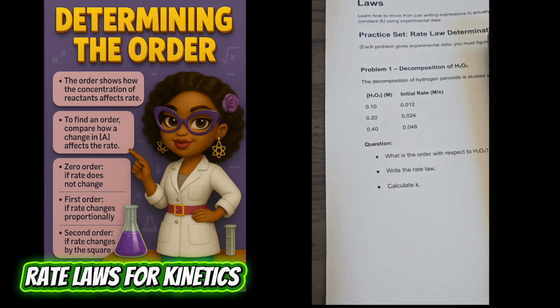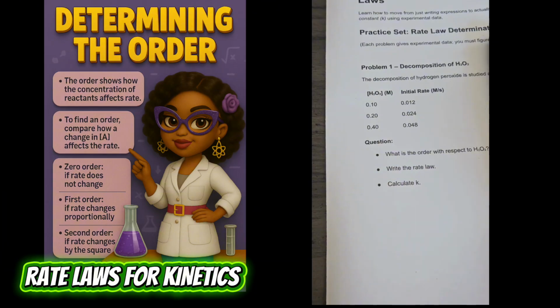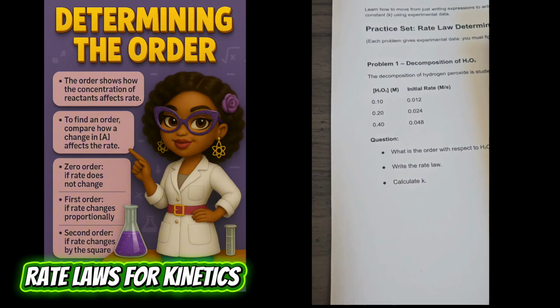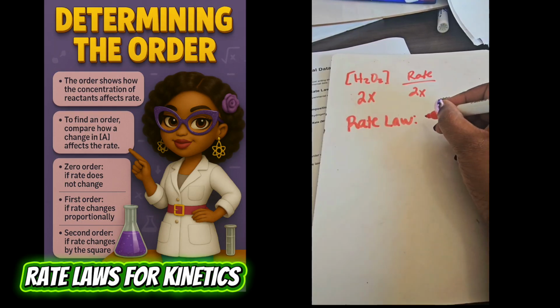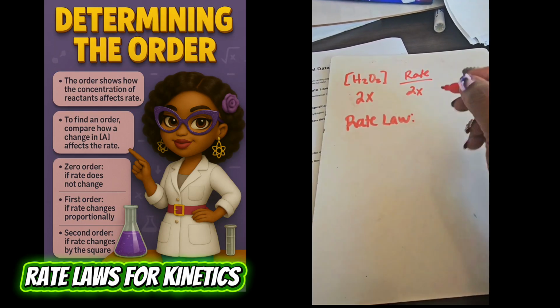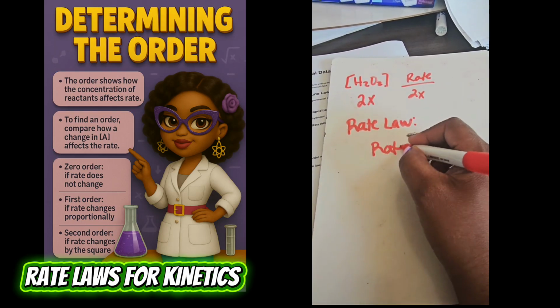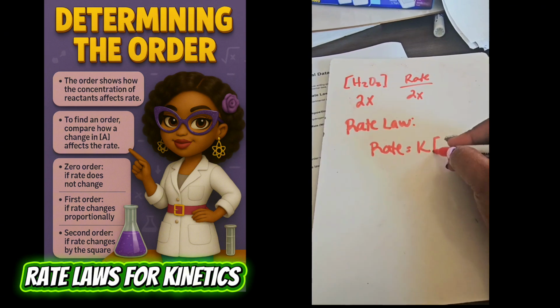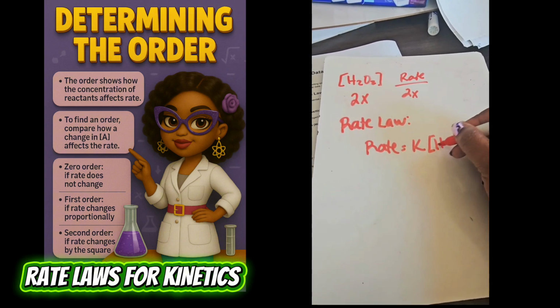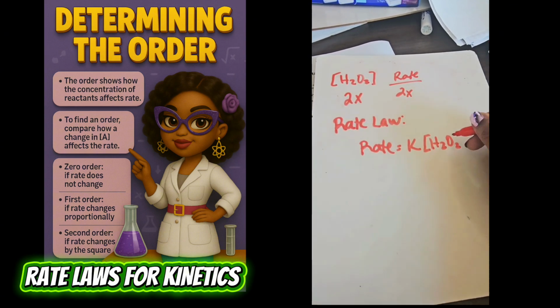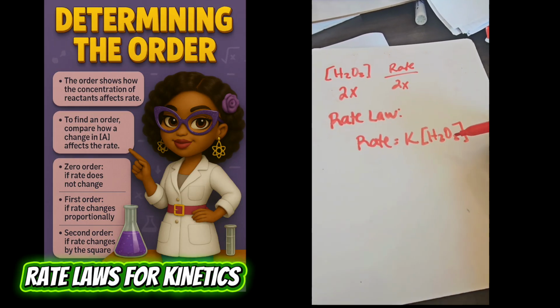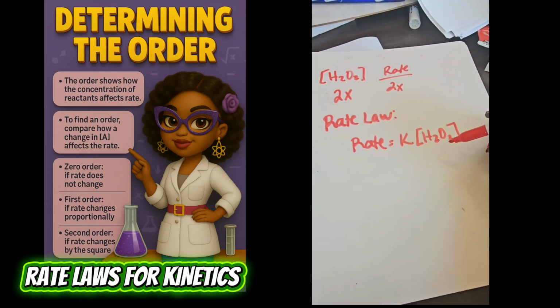So because both of those doubled, I'm going to show you all how to write the rate law. Here we have to say that the rate equals K times, and we're only looking at the reactant side.